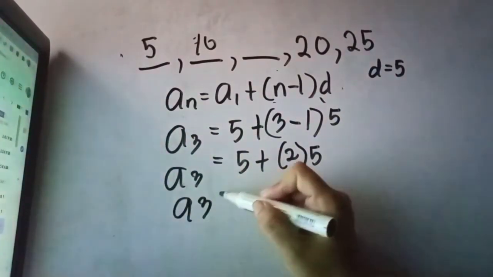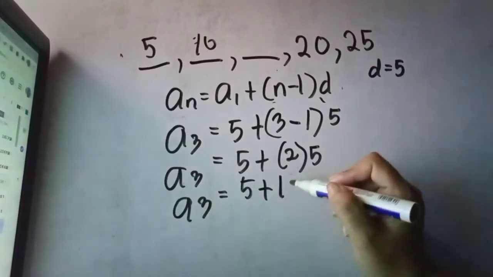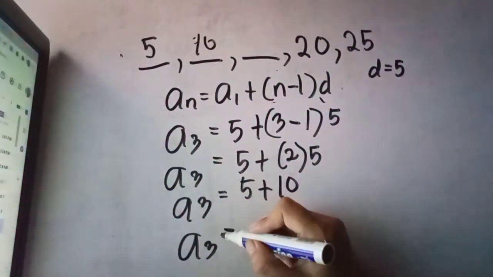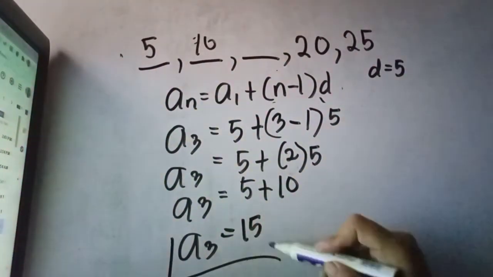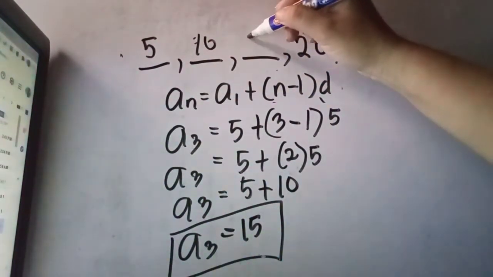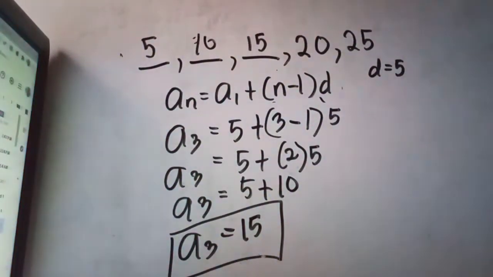So, A sub 3 is equal to 5 plus 10. So, ang ating A sub 3 ay 15. So, 15 ang ating A sub 3. Okay, ayan.